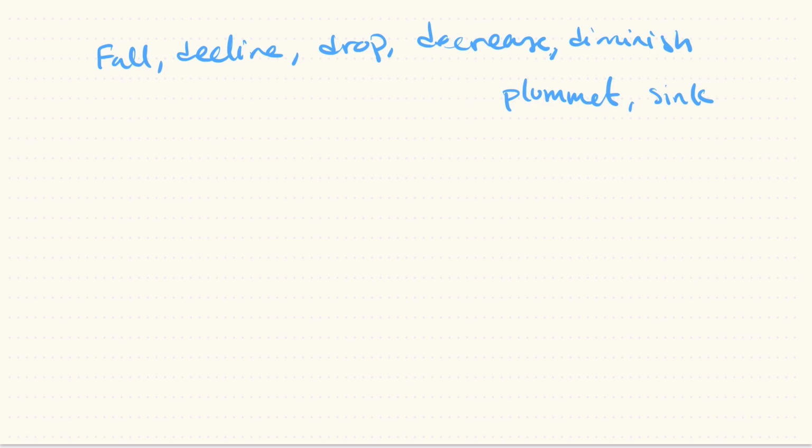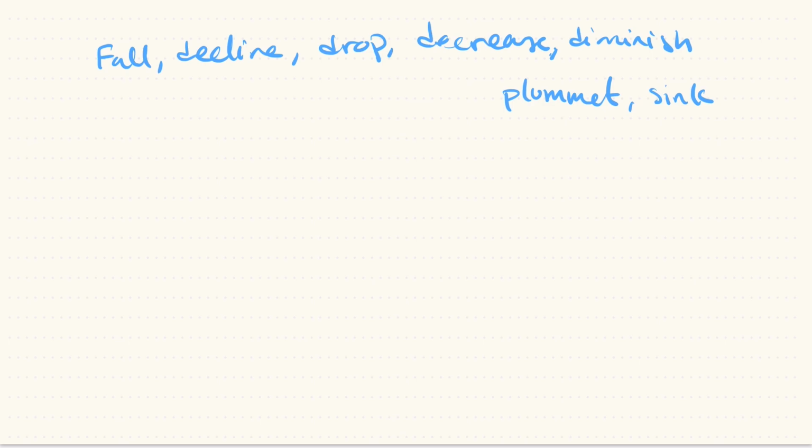And you can use similar adverbs from the previous one, that was for increase, for decrease as well. So adverbs such as gradually, steadily, rapidly, sharply, dramatically, you can use for all of these verbs as well. So for example, the revenue decreased dramatically, or the sales figures dropped sharply.